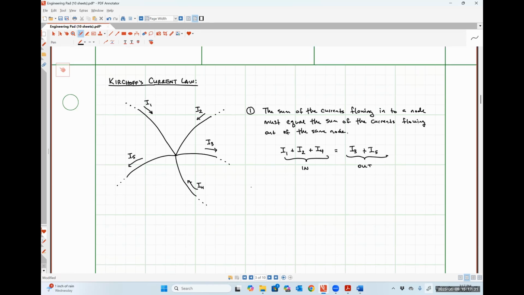Our second method for applying KCL is to say that the sum of the currents entering a node must equal 0.